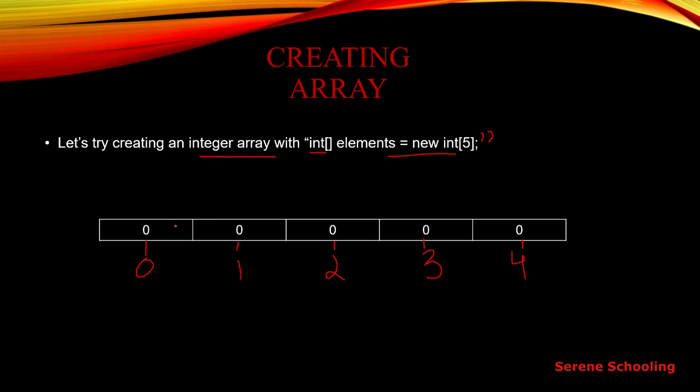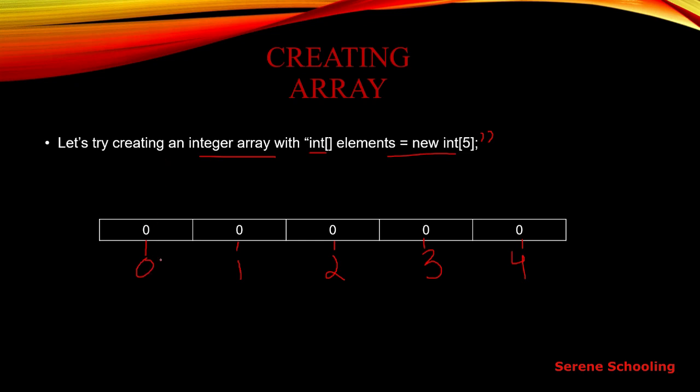By default, you can change these values after creating an array, or you can change them while creating an array. We will see that in the code section of this series. And 0, 1, 2, 3, 4. So remember, the very first value is at index 0.